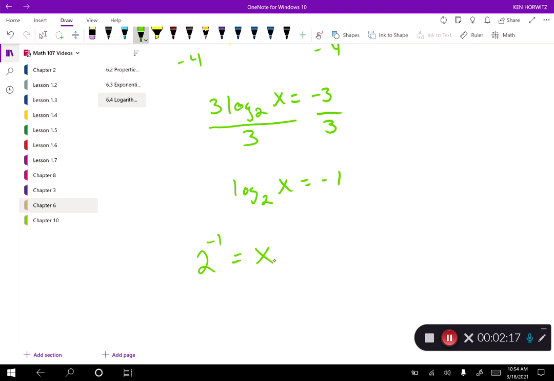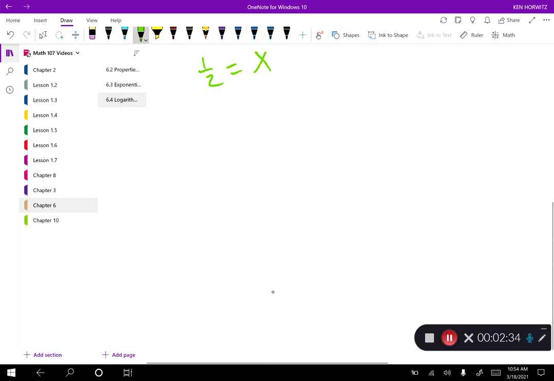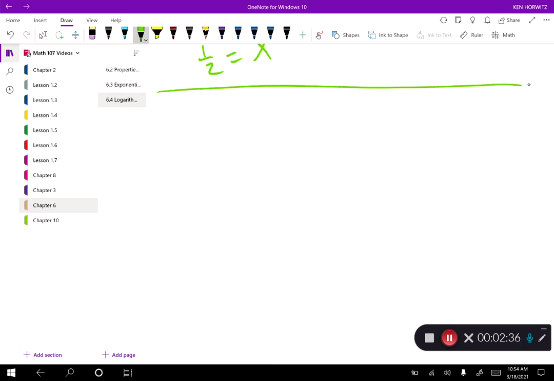So 2 to the -1 equals x, and 2 to the -1 is 1/2 equals x. And so there is our answer.